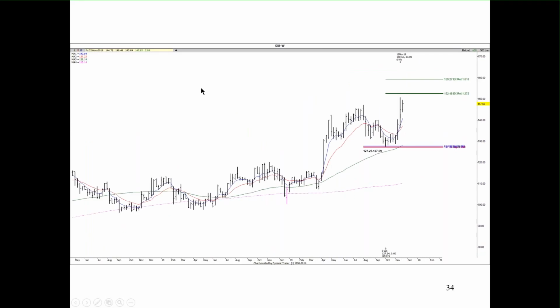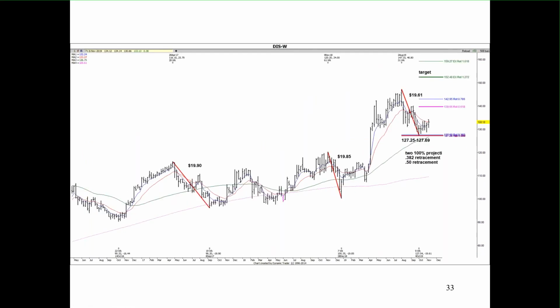Let's take a look at, all right, so Disney. Now, Disney was one of the setups that I had shown in the room. I had posted a couple of charts on this. But what was the most important thing, again, in this case, was symmetry. I took a weekly chart in Disney, and I noticed that these prior larger declines looked similar to the current decline at the time.